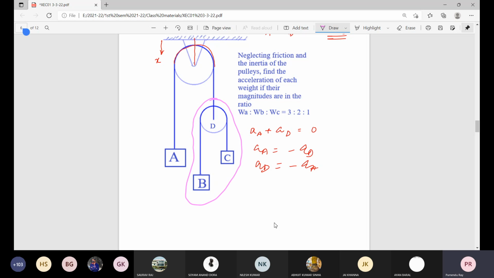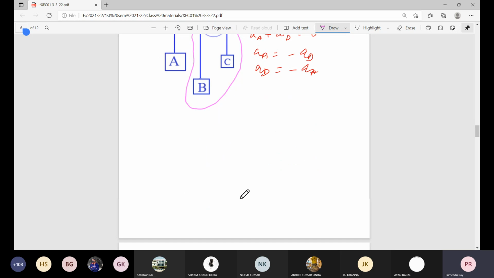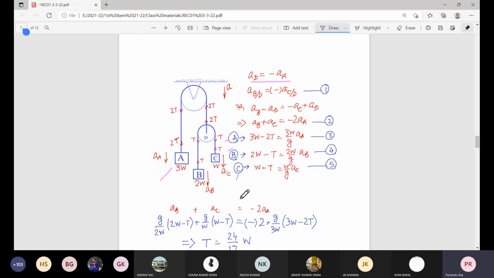only this portion, if D is fixed, then AB plus AC is constant. But this AB plus AC means with respect to the location D. That means the relative acceleration of B with respect to D and the relative acceleration of C with respect to D, that summation is 0.